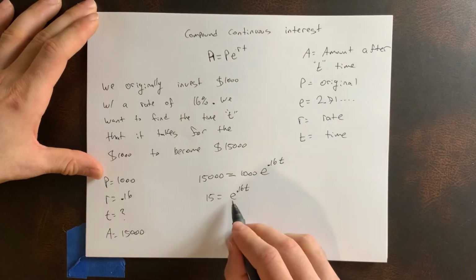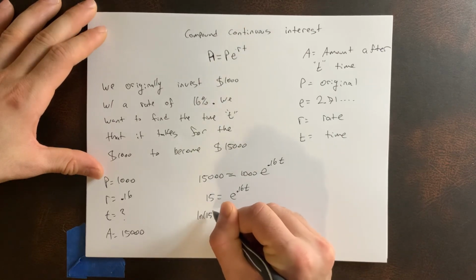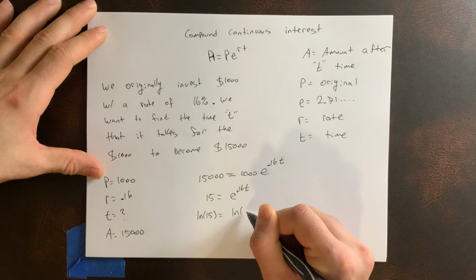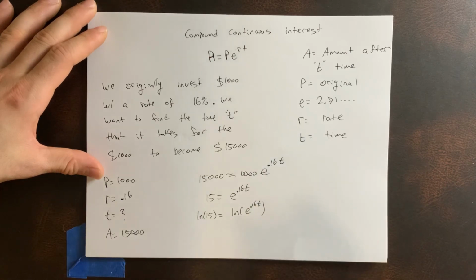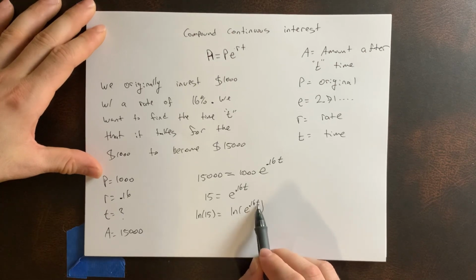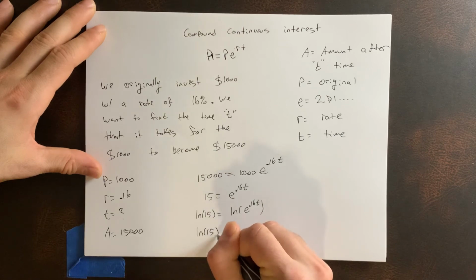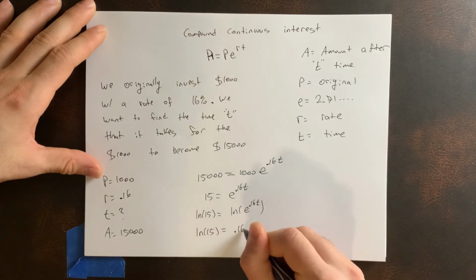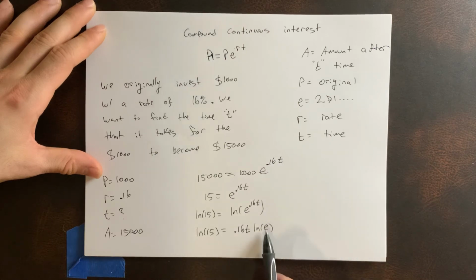And since this is an e here, we're going to take the natural log of both sides. So we'll have the natural log of 15 equals the natural log of e to the 0.16t. And now we can use those log rules. This 0.16t is going to come to the front. So we'll have natural log of 15 is equal to 0.16t times natural log of e.